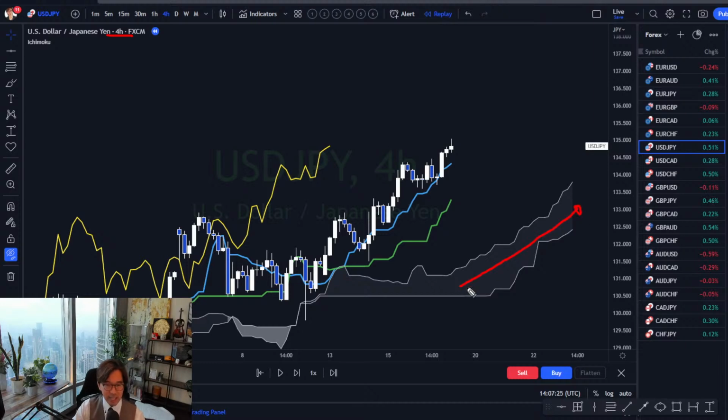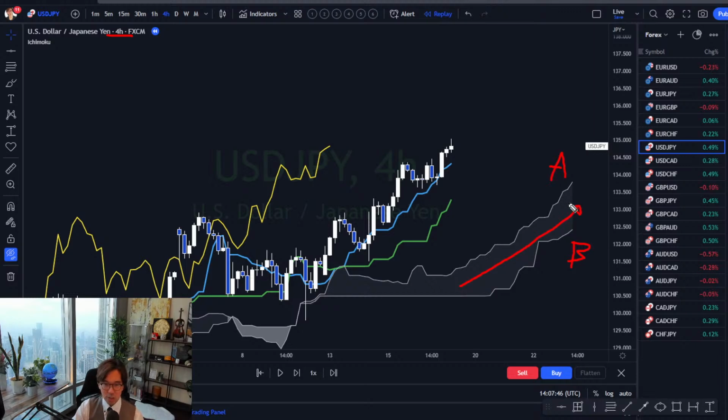This wasn't a young Kumo, this was long, and the Kumo was getting thicker. That means the distance between Senkou Span A and Senkou Span B was getting wider. So this shows that the market has been stably bullish.